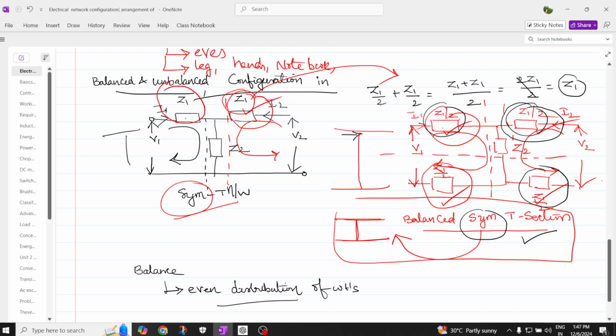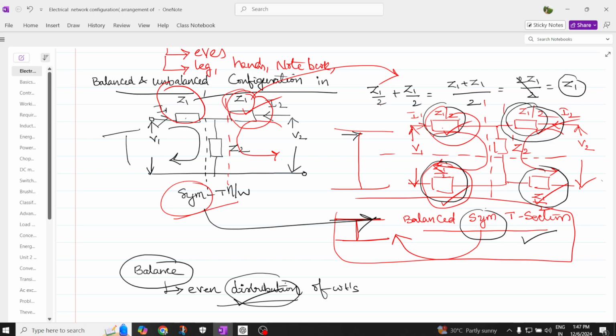So let's try to understand what this even distribution is. The weight at the top is Z1 by 2, the weight at the bottom is Z1 by 2. The weight is distributed, therefore this is called even distribution of weights. Therefore this network is called a balanced symmetrical T network, and a balanced symmetrical T network is called an H network. That is all about the symmetrical T network.